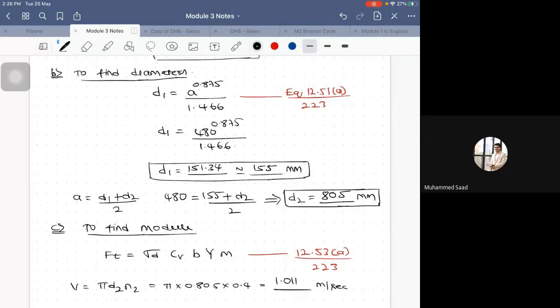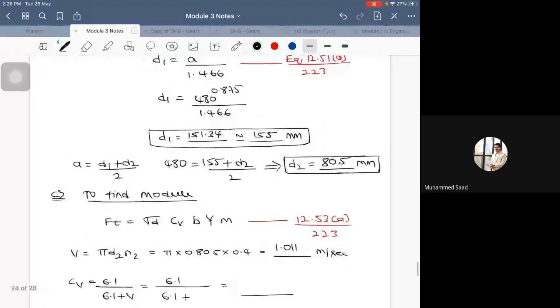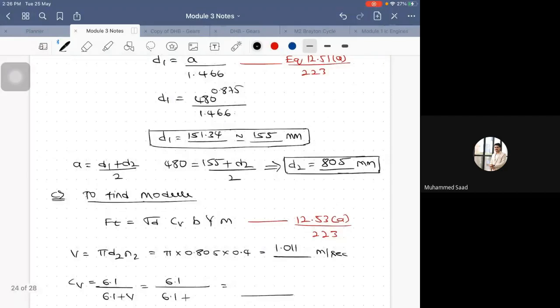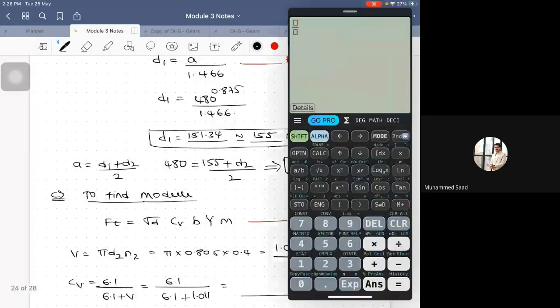Based on this, take the equation, substitute here, and give me the value of CV. I told you in the last class, you must be very fast with your calculators. That would save a lot of time in your examination.